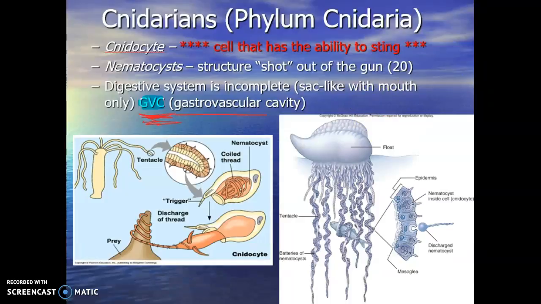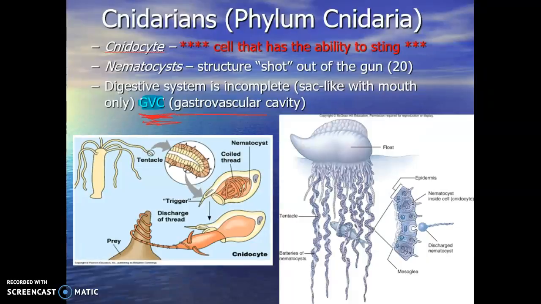The opening of the bag is surrounded by the tentacles, and all the prey gets pushed into there. Digestion occurs in there, and then wastes come out the same opening. So take a grocery bag, shove stuff into it, close it up, shake it around, bust it up, digest it, absorb it, and then whatever wastes you have, squirt back out the opening of the bag. That's the basic principle of the gastrovascular cavity in the cnidarians.